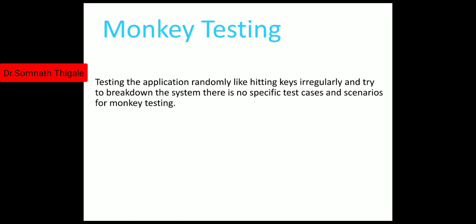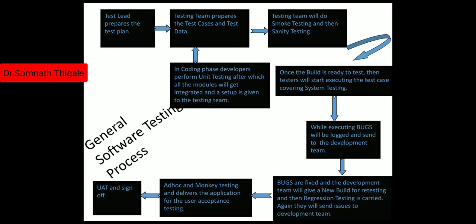There are no specific test cases and scenarios for monkey testing. This is a general software testing process. It is not part of your syllabus, but you must be aware, because in the next semester, next year probably, you may have a separate subject named software testing and quality assurance, where you are going to work on this.